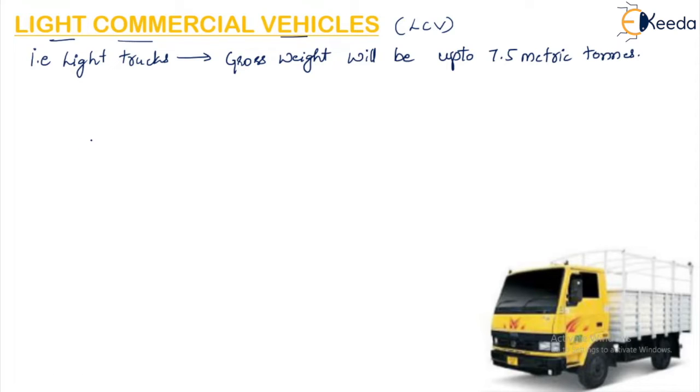Okay. So now I have taken the example of Tata 407 LPT. This is the truck and its name is Tata 407 LPT, for describing the specification of this light commercial vehicle.